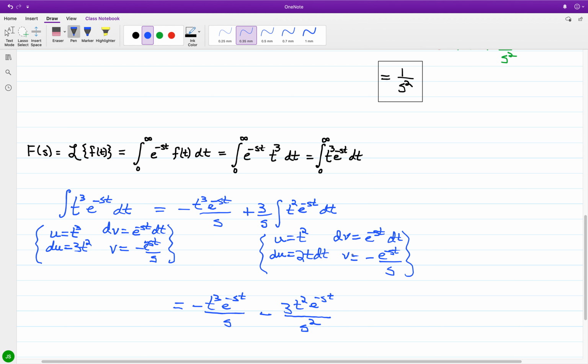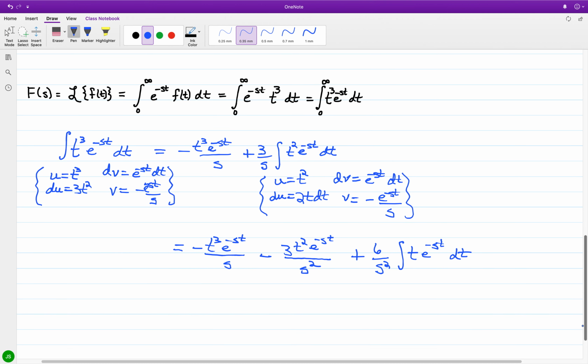Negative times negative is going to be a positive, so we have plus 3 times 2, which is 6, over s squared, times the integral of t times e to the negative st dt.